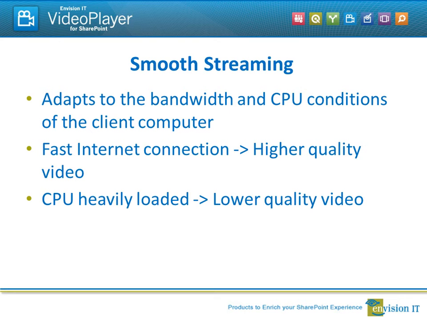As you get a lesser connection or a more heavily loaded CPU, it will downgrade the quality of the video. It'll still play continuously, it'll still sound nice, you'll just notice a little more graininess and a little less clarity on the video images themselves. But the important thing is that the video experience continues to run smoothly for the user at the best possible level for the local machine they're on. That's really what smooth streaming is all about.